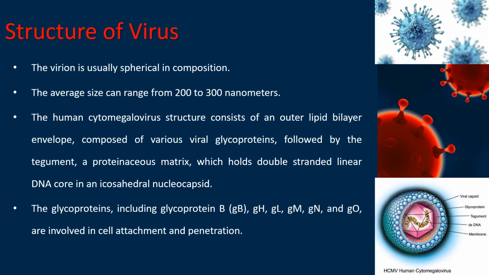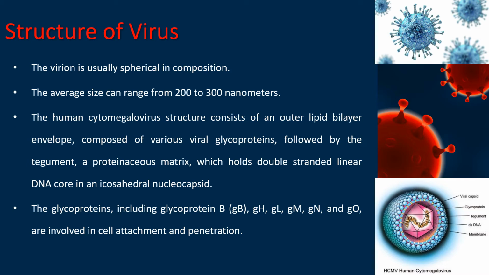So this virus is an enveloped virus, and in classification it comes under enveloped, double-stranded DNA viruses. On the surface of the envelope it contains viral glycoproteins, and this envelope is followed by another portion called the tegument, which is a proteinaceous matrix.